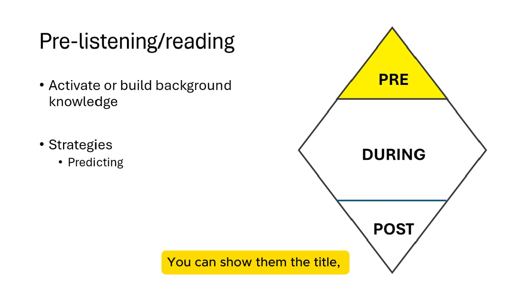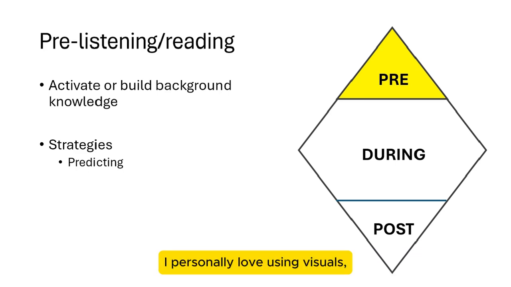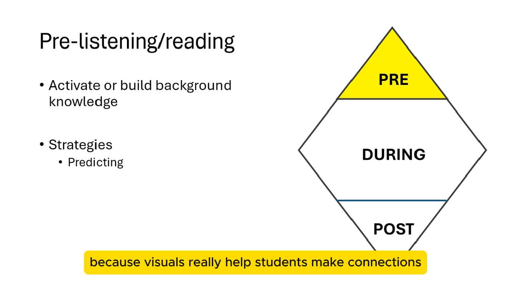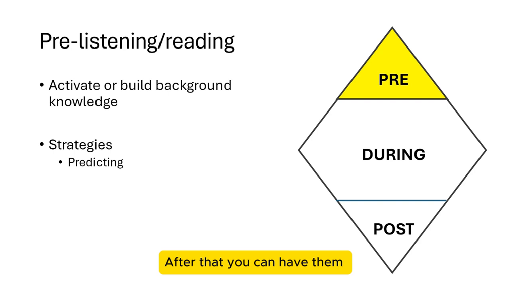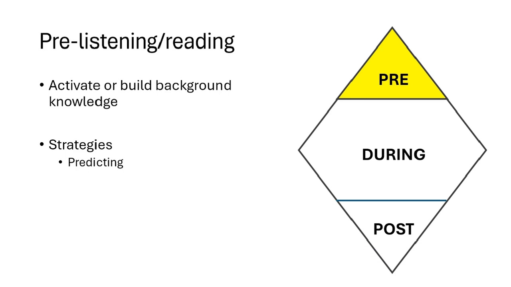You can show them the title, some pictures, or key vocabulary from the text or audio. I personally love using visuals, especially for English learners, because visuals really help students make connections. Now, after that, you can have them make predictions about what they think the reading or listening will be about. And this helps them engage more actively with the material.